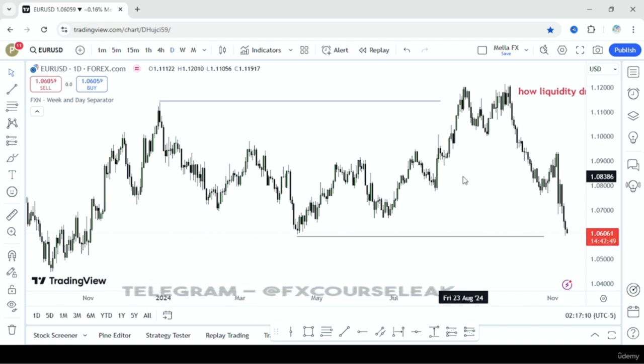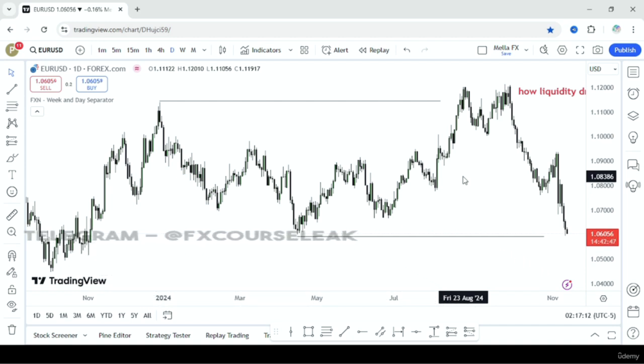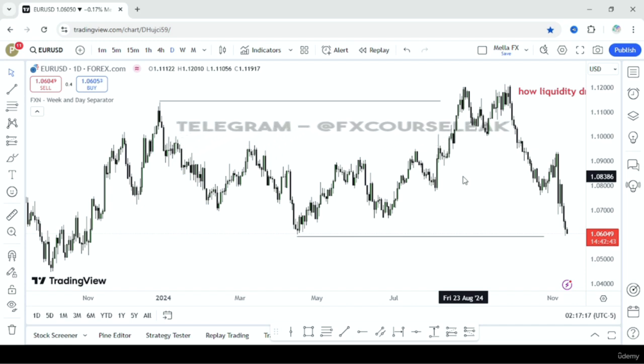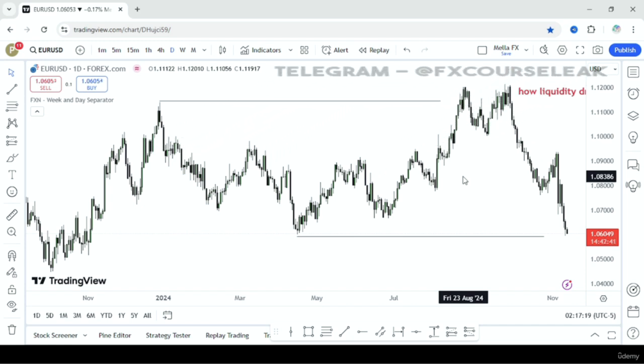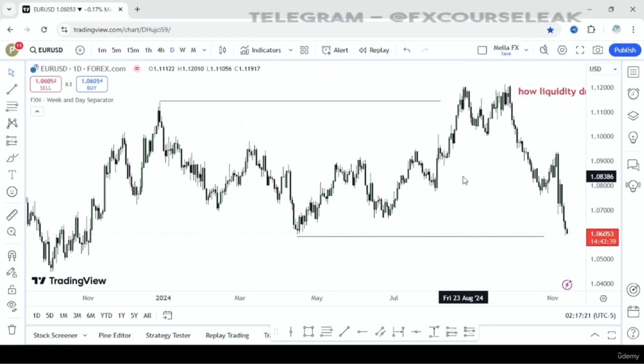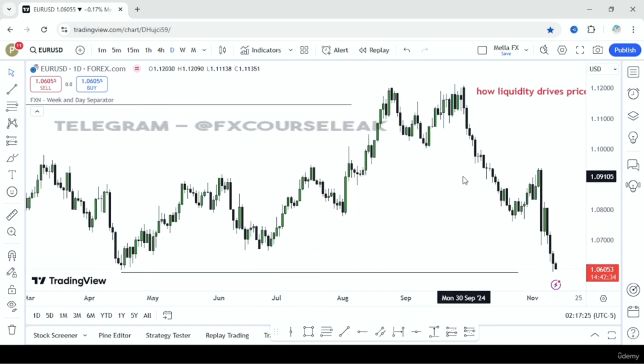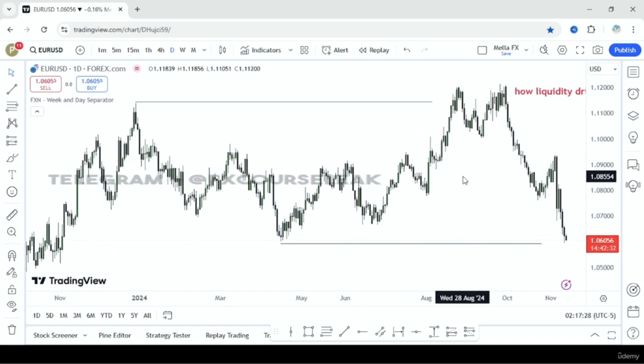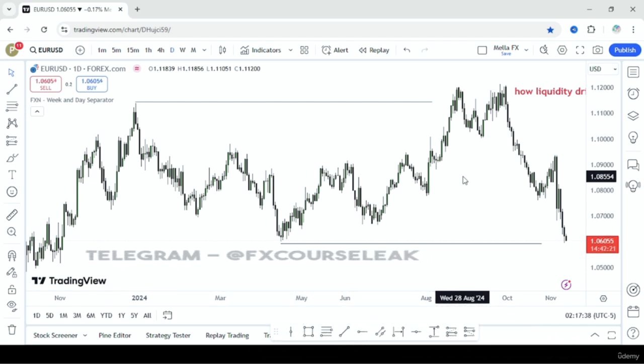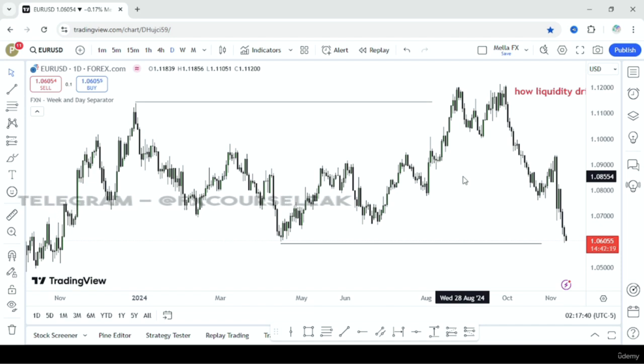Then we have to understand which area of liquidity the market is most likely about to take out in that particular session. If it's the New York session, have we run any form of buy side liquidity if we are in a bearish market? And if we are in a bullish market, have we run any form of sell side liquidity for the market to move higher?